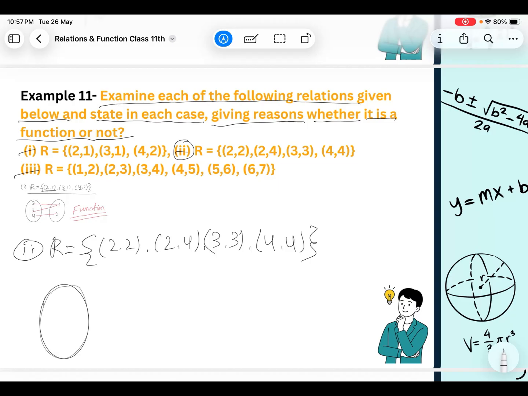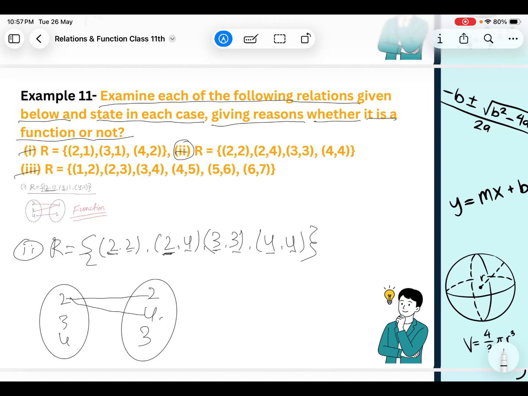Immediately I will draw an arrow diagram. I hope you remember what an arrow diagram is. We have 2, 3 and 4. If we have 2 to 2, we don't need to write it twice. For the first one 2 to 2, for the second one 2 to 4.